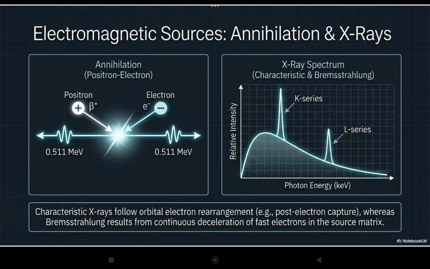Characteristic X-rays come from electron rearrangement after inner shell vacancies, while Bremsstrahlung is produced when fast electrons are decelerated in matter. For students, the key point is to distinguish line spectra from continuous spectra and to connect each to its physical mechanism.